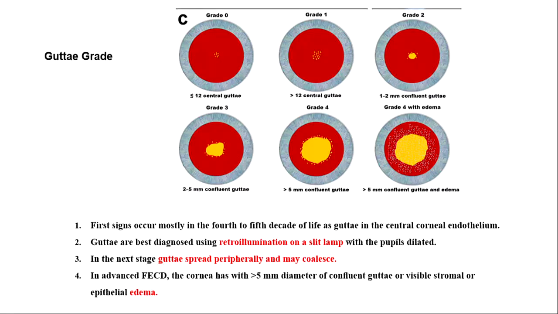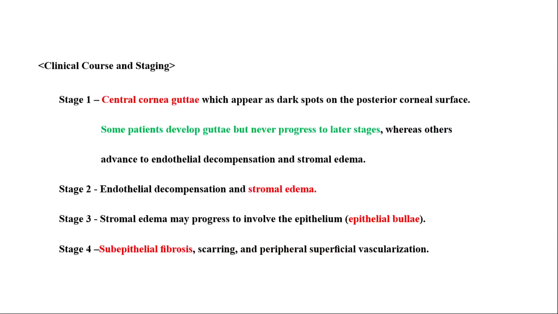The first sign is guttae in the central corneal endothelium. In the next stage, guttae extend peripherally and merge. In the advanced stage, the cornea exhibits confluent guttae with diameters exceeding 5 millimeters, or there may be visible stromal or epithelial edema.